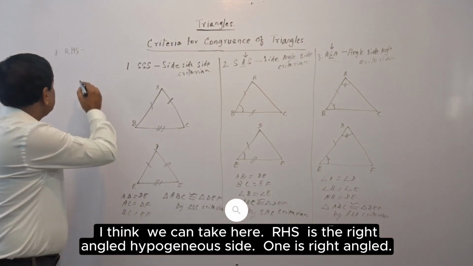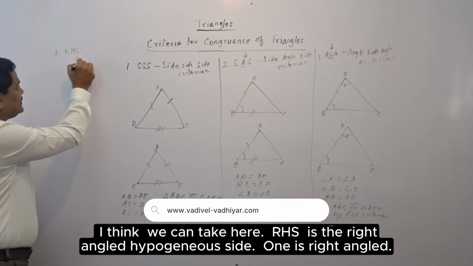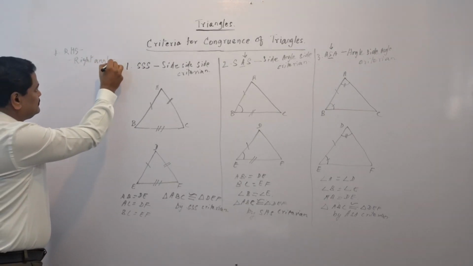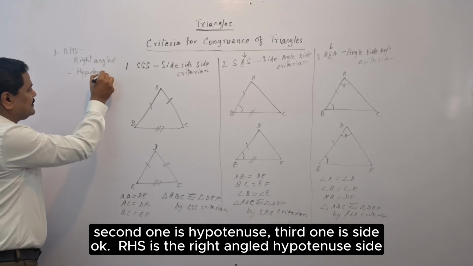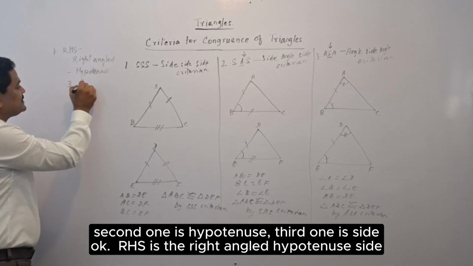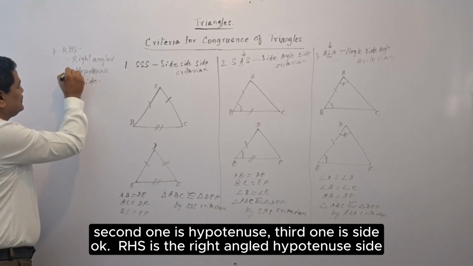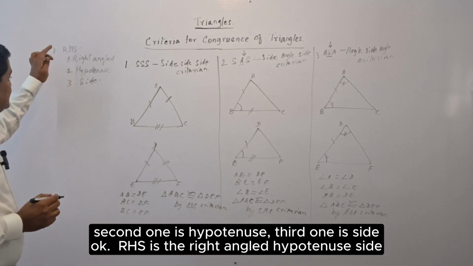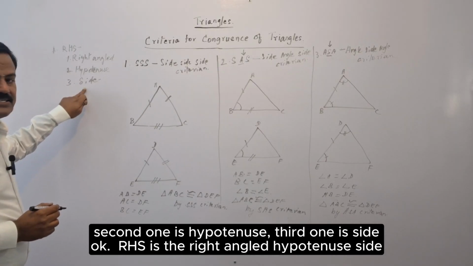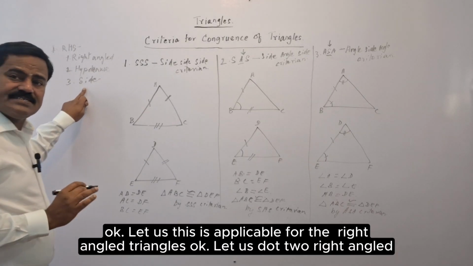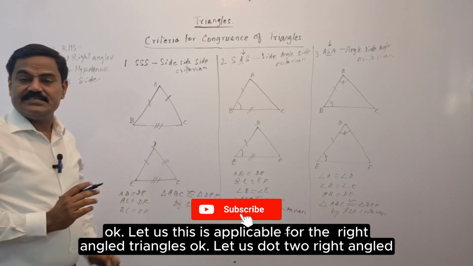One is right angled, second one is hypotenuse, third one is side. RHS is the right angled hypotenuse side. This is applicable for the right angled triangles.